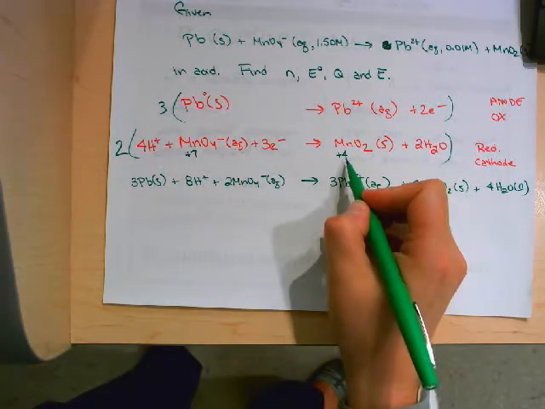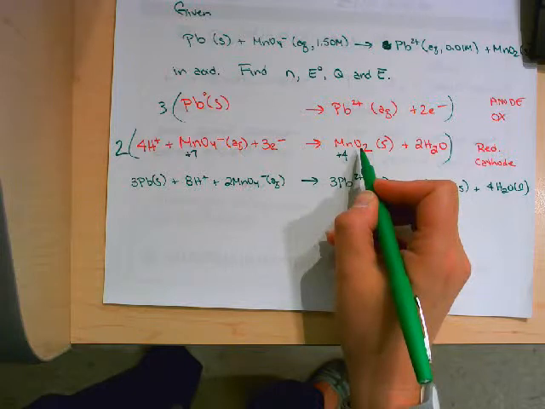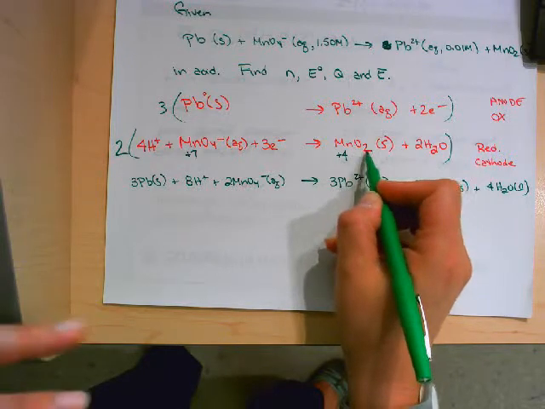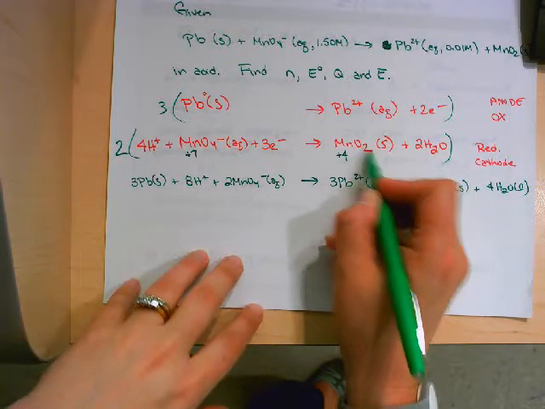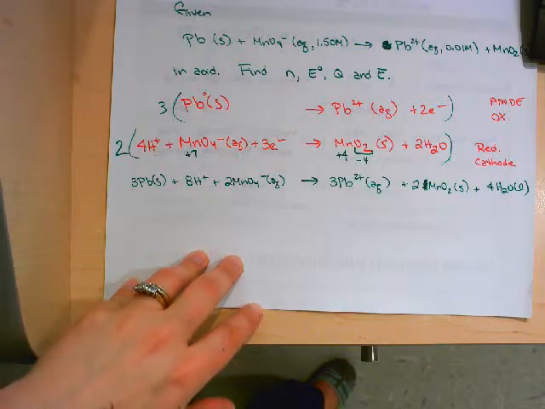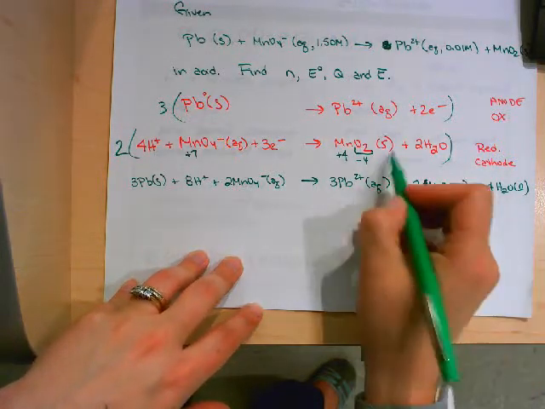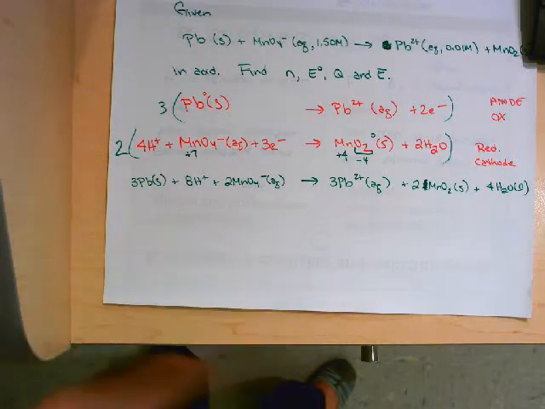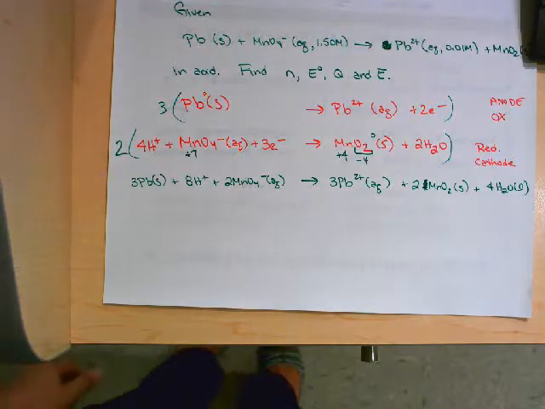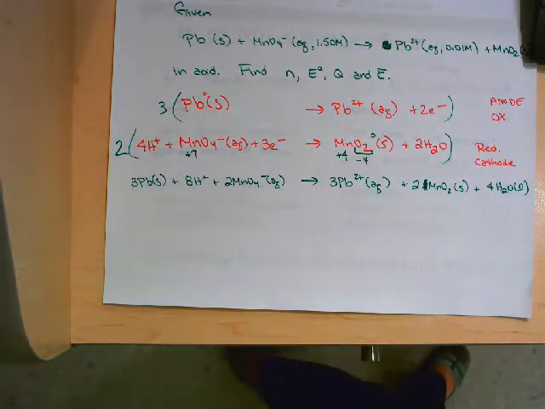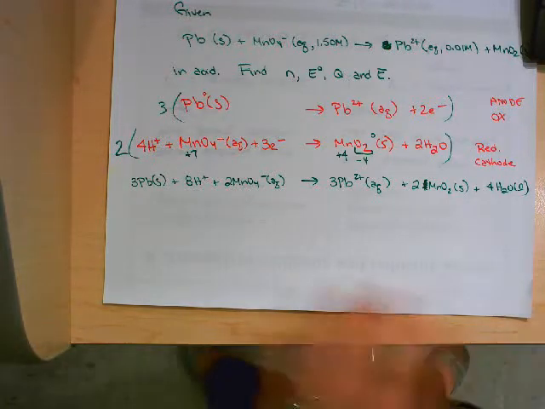Oh, and this guy? Oxygen's always -2, and I have 2 of them, so this side is -4. And since it's a solid, its oxidation state is 0. Alright, so now we're looking good, right? We're balanced.